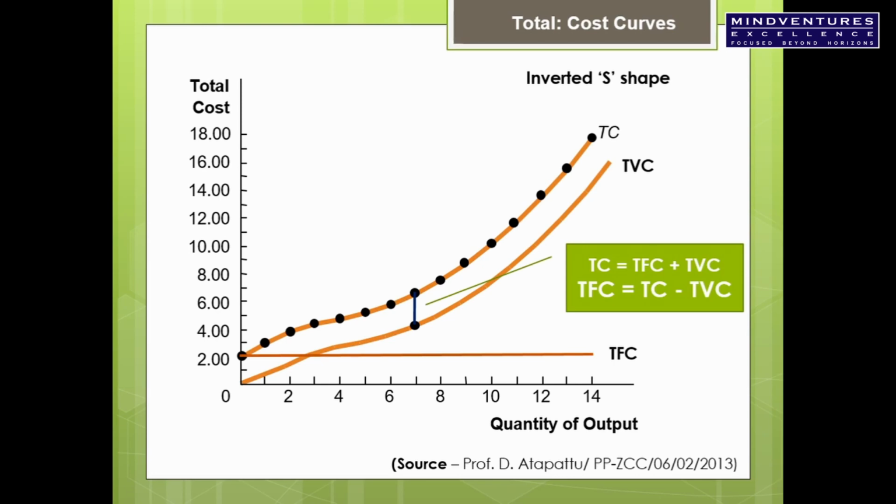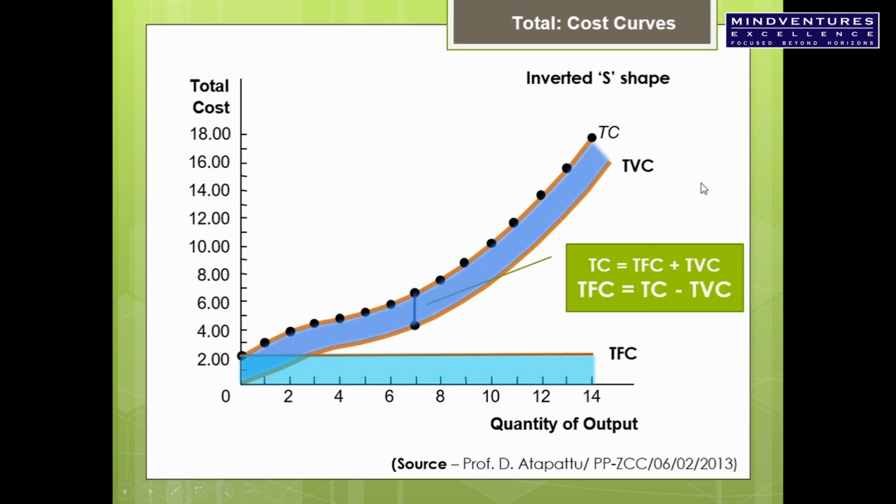Because fixed cost doesn't change as the quantity of output increases, the vertical distance between TC and TVC will always be the same. Hence, they are parallel to each other. Also, the total fixed cost curve will be a linear or straight line curve, which will always be parallel to the quantity of output axis.